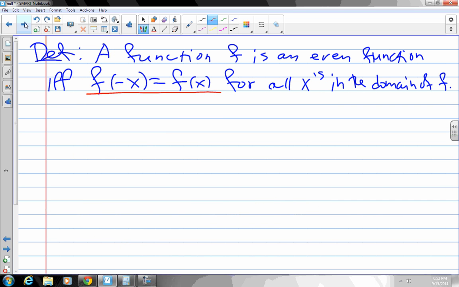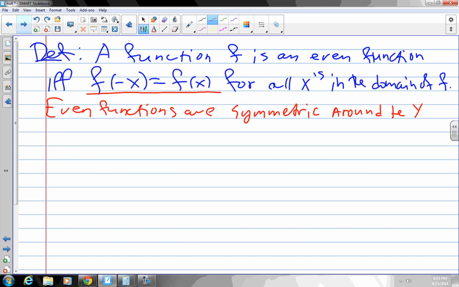So then even functions are symmetric around the y-axis. And I'll do examples of how we can see whether the function is odd or even.